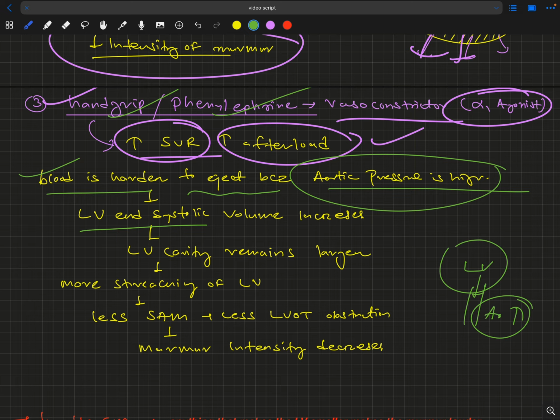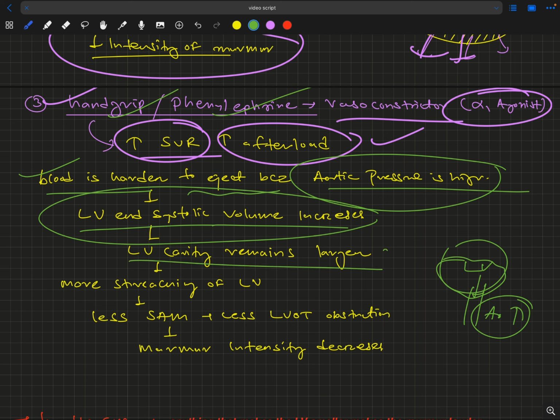So LV end systolic volume increases. Now the LV will not be able to eject blood into the aorta easily. So there will be accumulation of more blood inside the left ventricle. That will lead to an increase in blood volume inside the left ventricle. So the LV cavity remains larger. That will lead to more stretching of the left ventricle cavity.